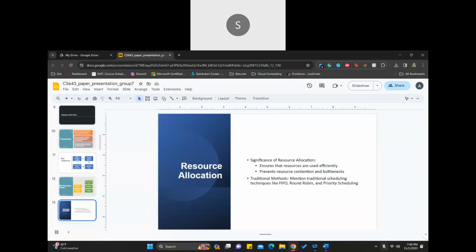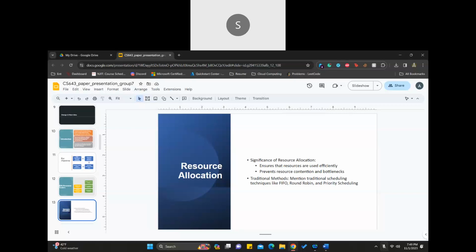So in this slide, we talk about resource allocation: the significance of resource allocation is to ensure that resources are used efficiently and to prevent resource contention and bottlenecks. Traditional methods mention traditional scheduling techniques like first in first out, round robin and priority scheduling.